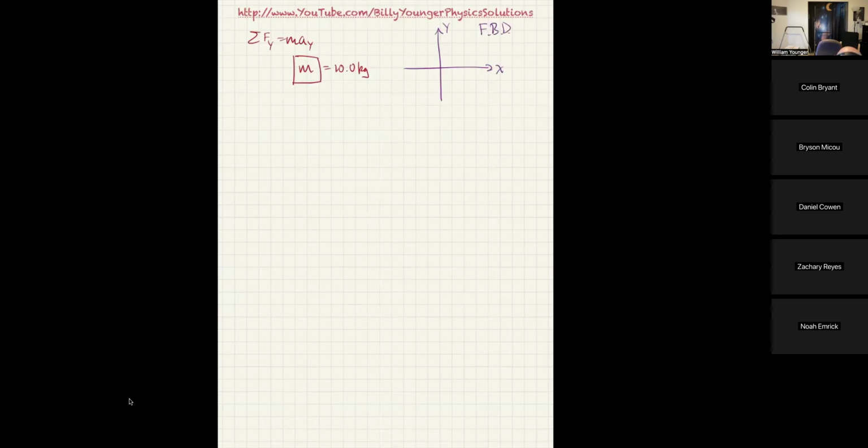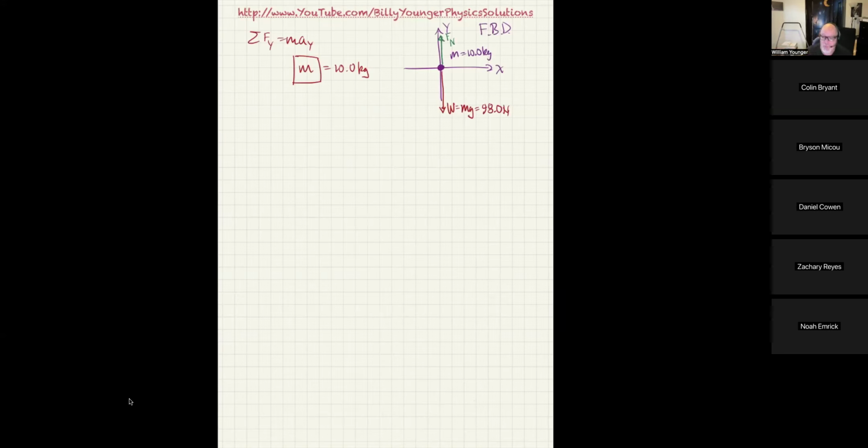Here I have an object that I'm going to treat like a point mass, with mass equal to 10.0 kilograms. In the negative y direction is the weight, which equals m times g, which is 98.0 newtons. Now, if it's sitting on a tabletop, then the upward force is what I call F normal.